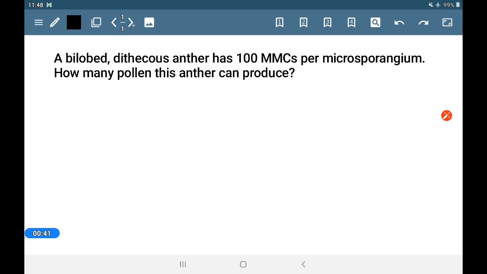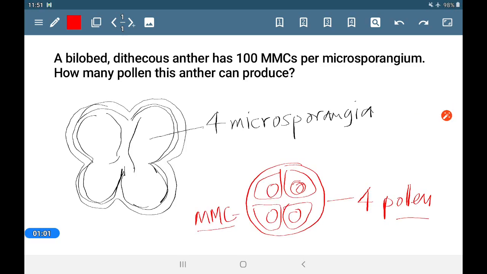Here you have to calculate, if one bilobed dithecous anther is there, which is described in the book, and 100 MMCs are there, how many pollen can be produced from them? There will be 4 microsporangia.